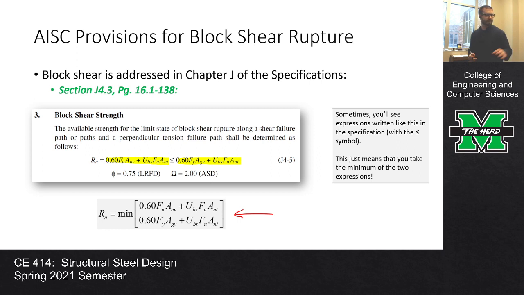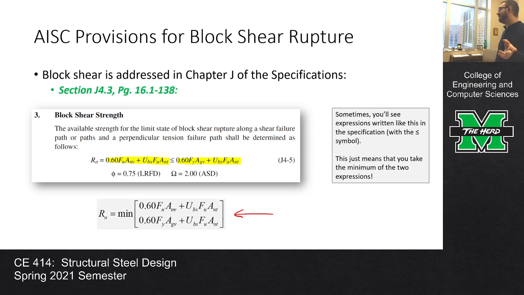Mr. Adkins. Yes, I was looking at the equation. Now, it's related to the area. Oh, don't worry, we're going to delve into that in very significant detail. But go ahead. Well, it specifies 0.6 Fu Anv.